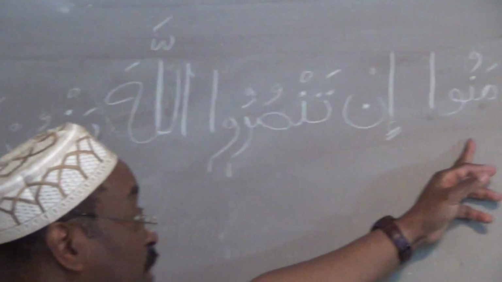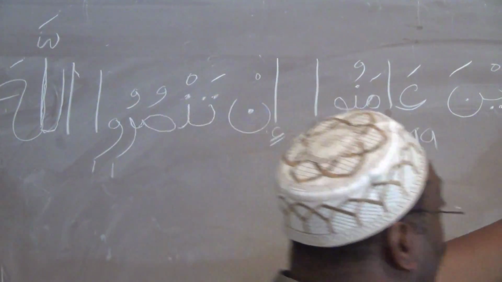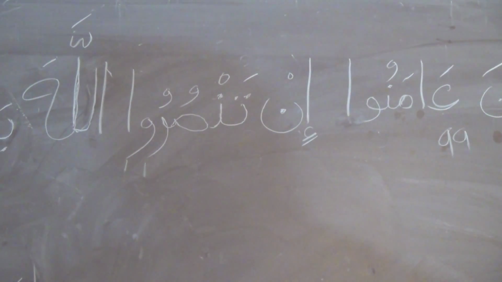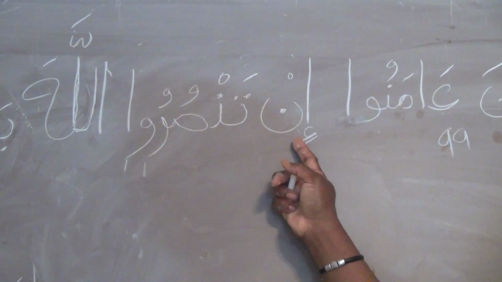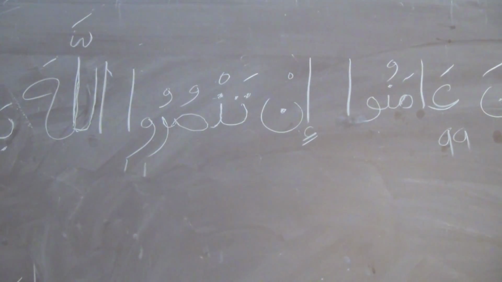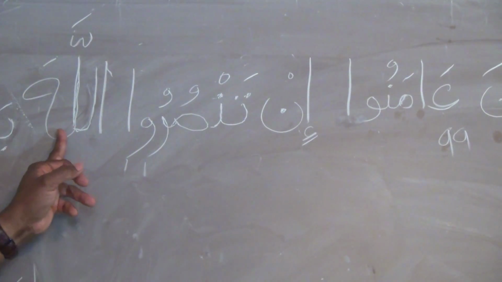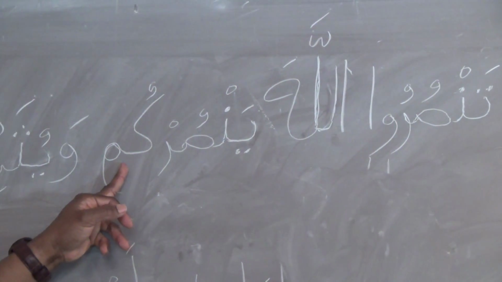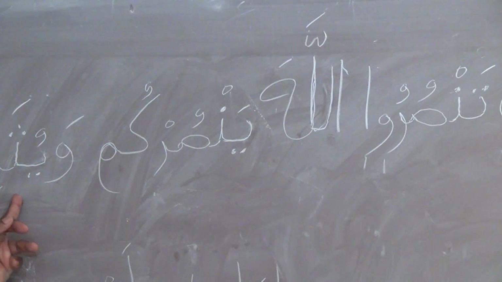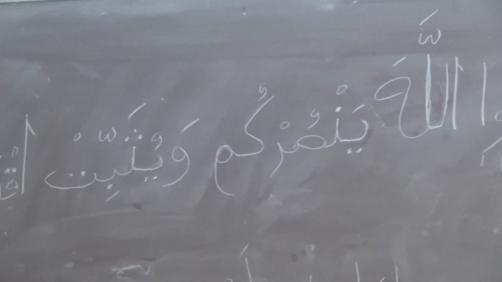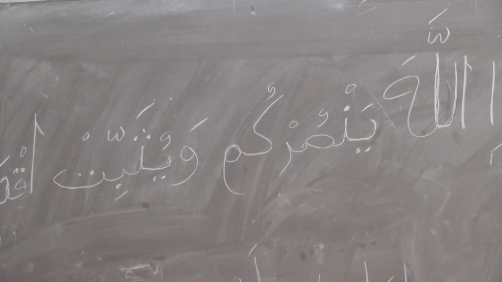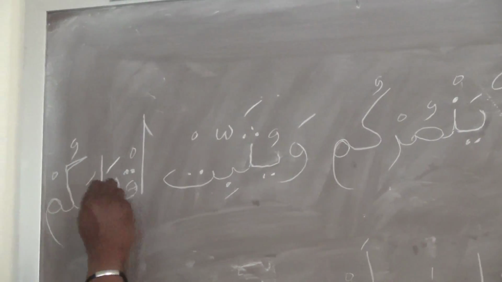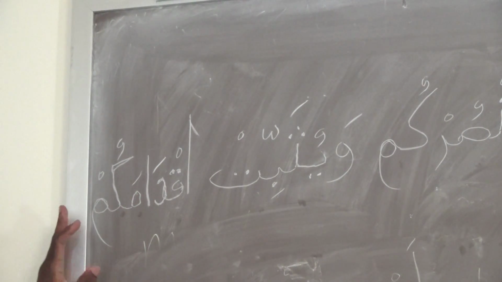So we have Ya ayyuhal, Alladhina amanu. And then we have in tansuru, Allah, yansurkum, wa yuthabbit, with two B's, tab, bit, and then aqdamakum.